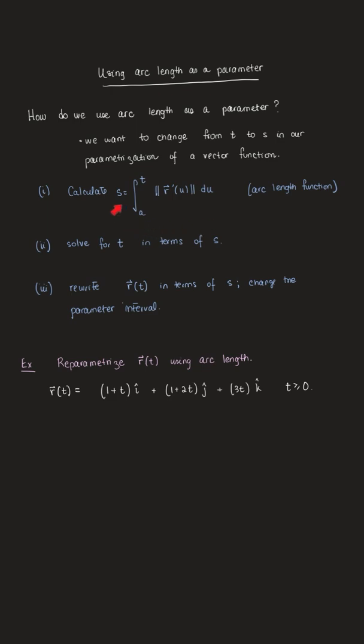We're going to have that equal to s, so we're going to solve for t. So we'll have an expression for t in terms of s that we will then substitute back into our original vector function in terms of s, and we will also change the interval of our parameter because we have a new parameter called s. Let's try it with an example.